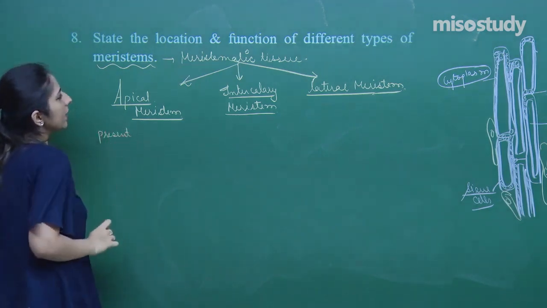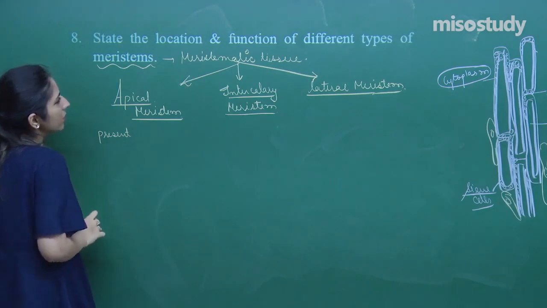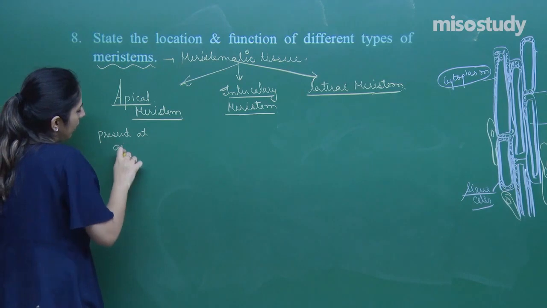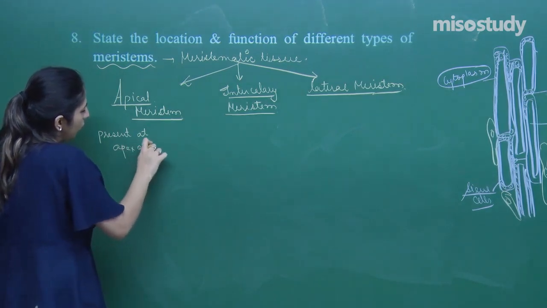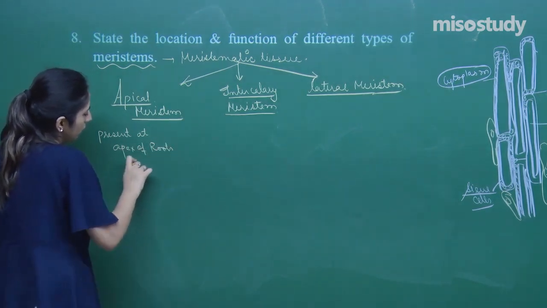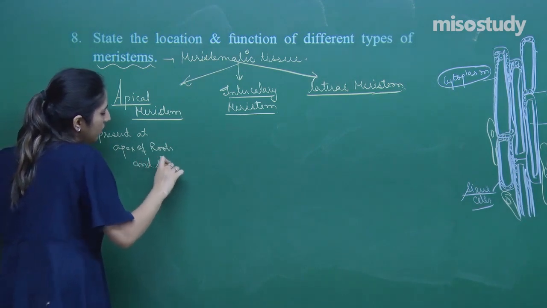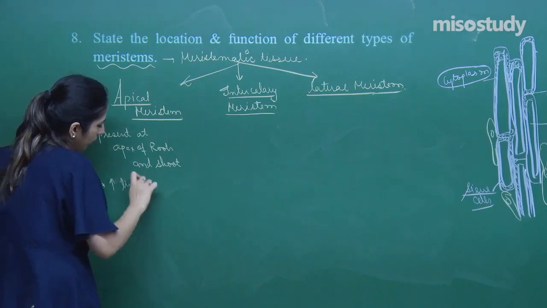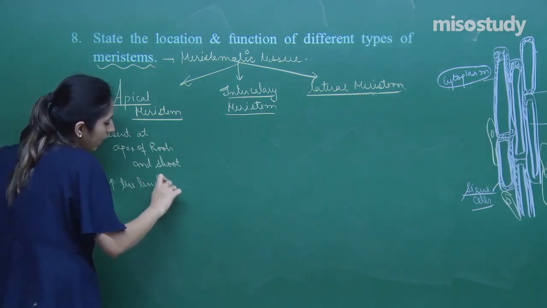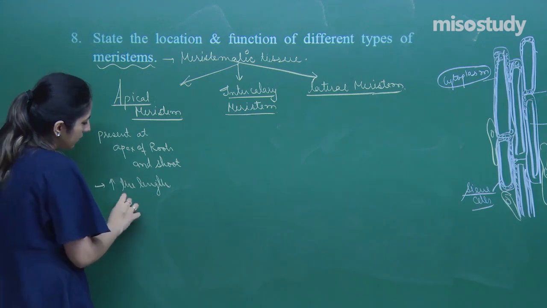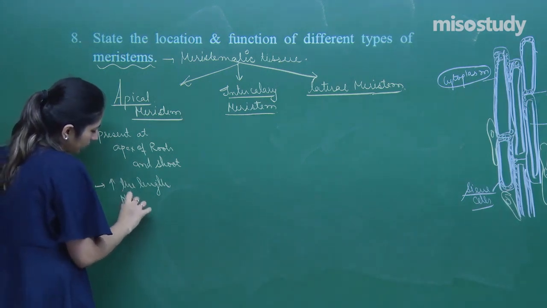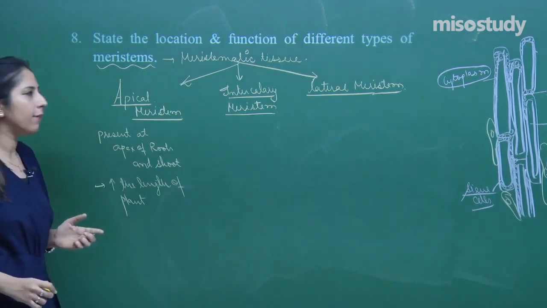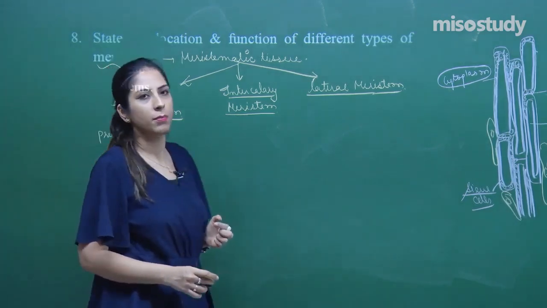I am not writing in detail, but hope you remember those sessions when I have discussed about the meristematic tissue. Present at apex of roots and shoots, and they are responsible for increasing the length of plant. Whenever these cells divide, the length of plant is increased. Apical meristem. After that, we have is an intercalary meristem.